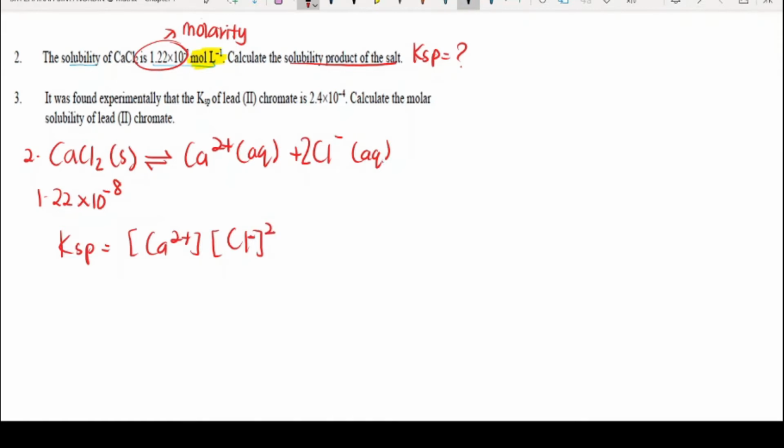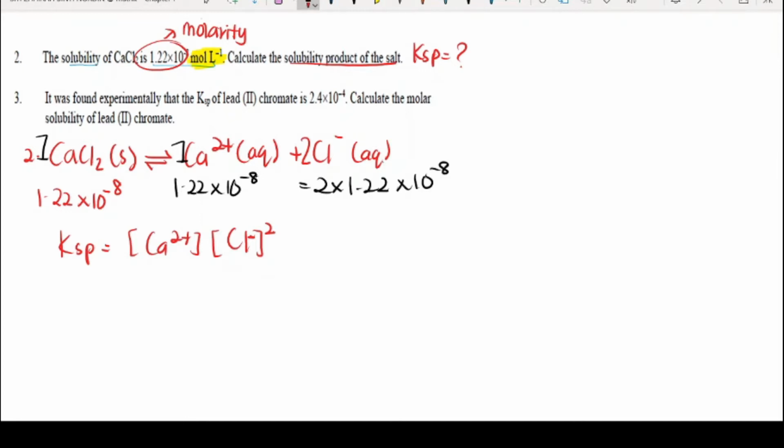So we've got the molarity of CaCl2. We know that it has the same mole as Ca2+. So Ca2+ has a molarity of 1.22 times 10 to the power of minus 8. So this one would be just the double of it.